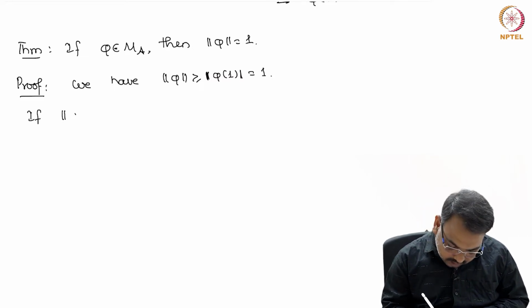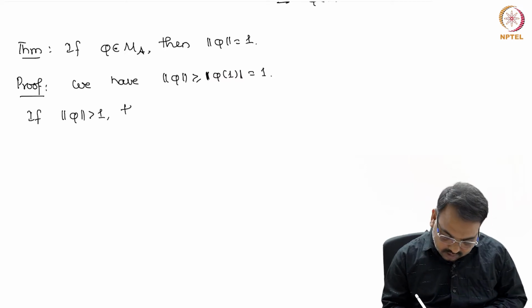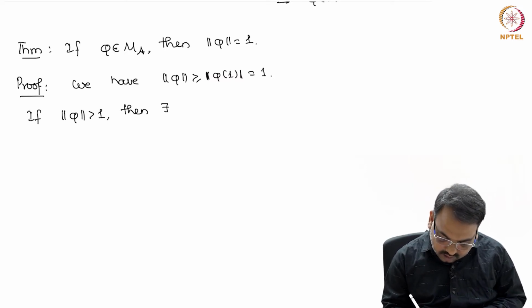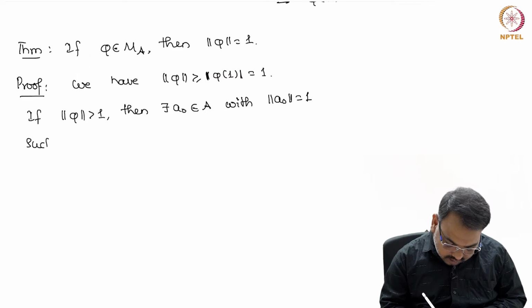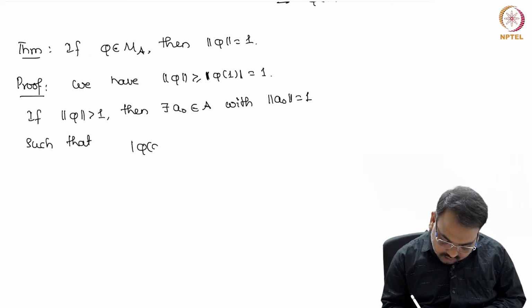If norm of phi is strictly bigger than 1, by the definition of the norm, there exists some a naught in A with norm of a naught equal to 1, such that modulus of phi of a naught is strictly bigger than 1.